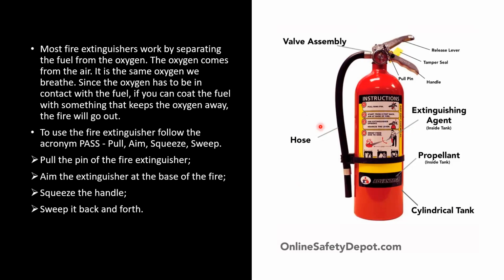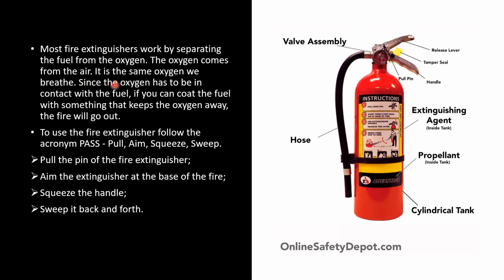Now children, most fire extinguishers work by separating the fuel from the oxygen. Water was acting on the heat content and carbon dioxide is acting on the oxygen content. The oxygen comes from the air. It is the same oxygen that we breathe.